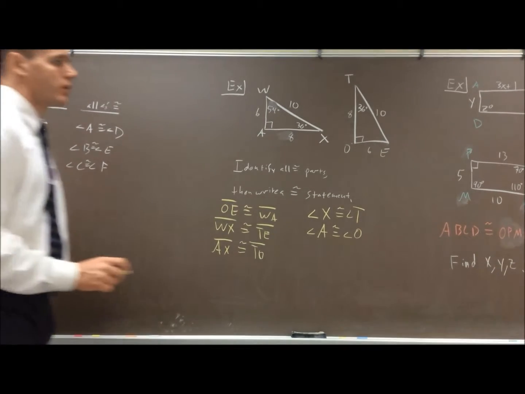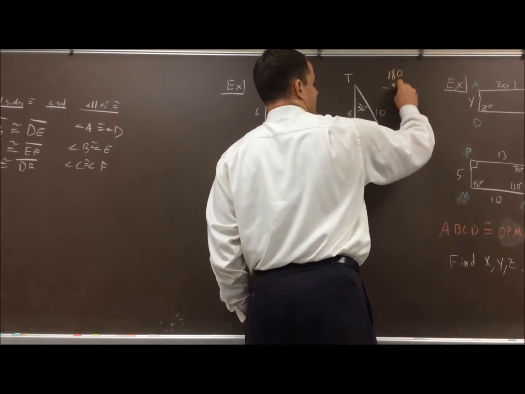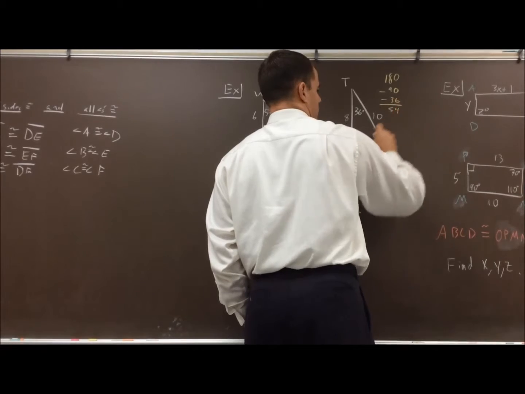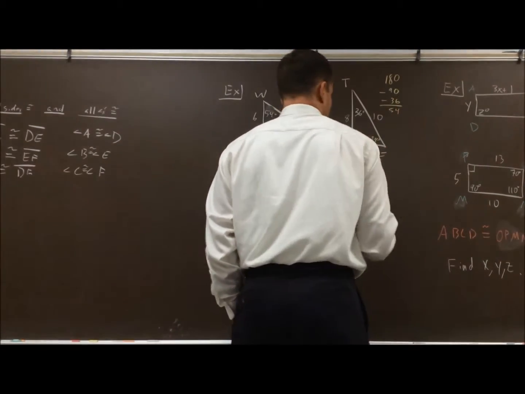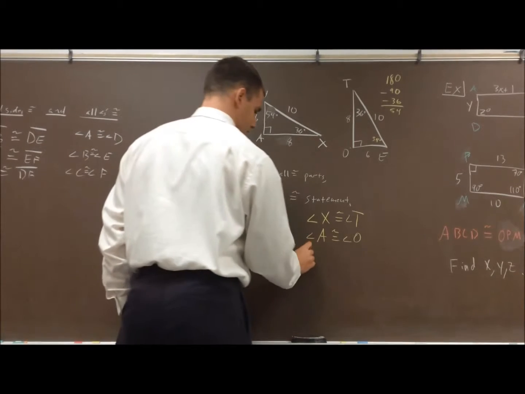That's okay though. We can do our little triangle sum theorem here. 180 degrees in a triangle, minus 90, minus 36. Guess what? That gives me 54. So angle E and angle W.